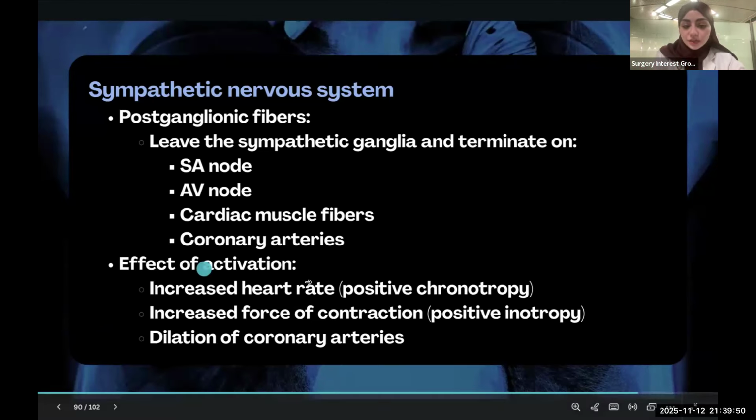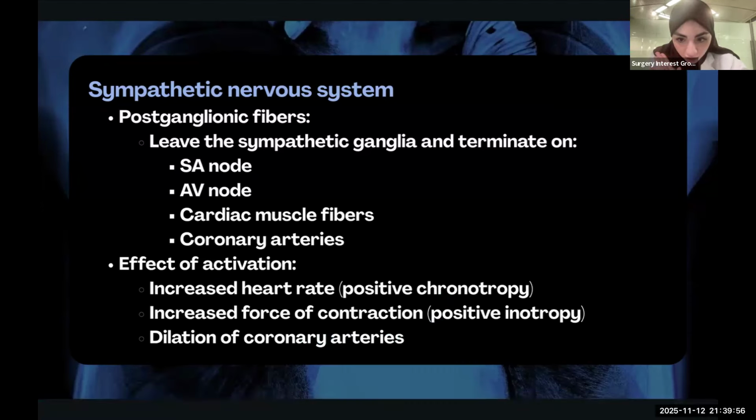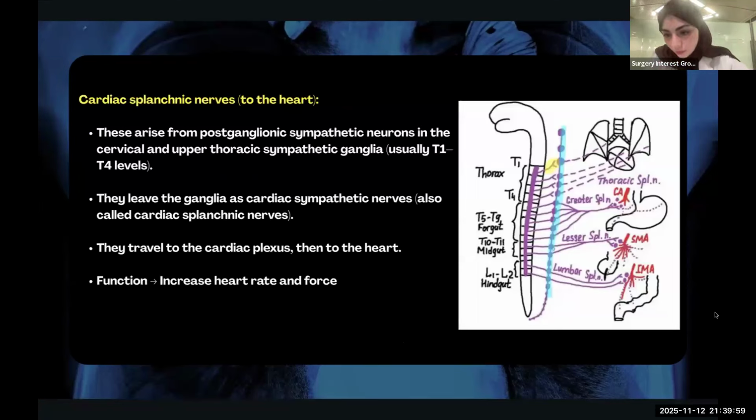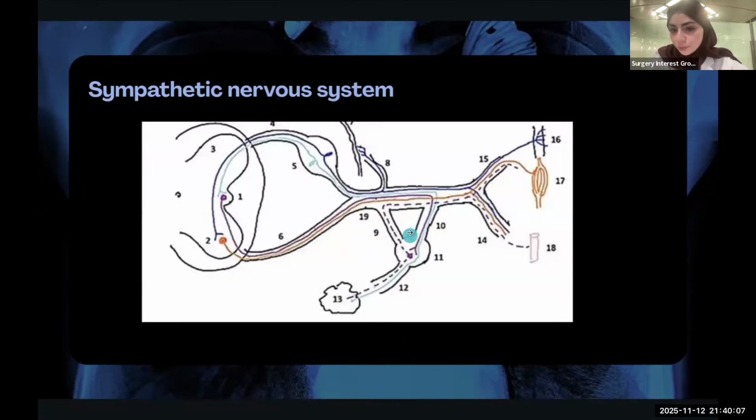Now, for the activation, again, we've discussed all of this: increase heart rate, force of contraction, and dilation of the coronary arteries. Are they also for sweat glands? Yes, they are for sweat glands. Sweat glands will go, but they're going to go through the rami.